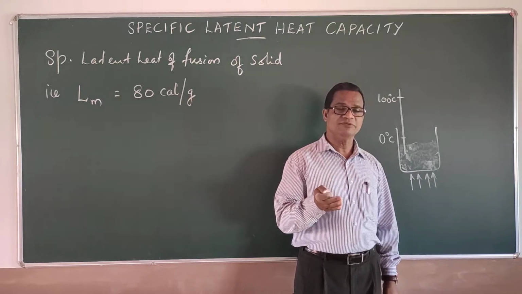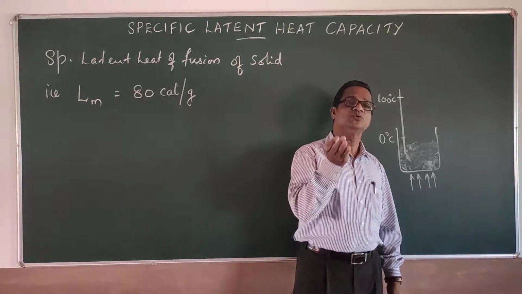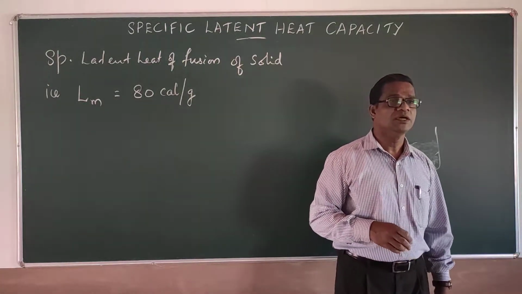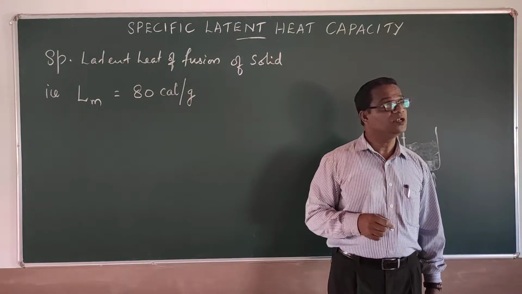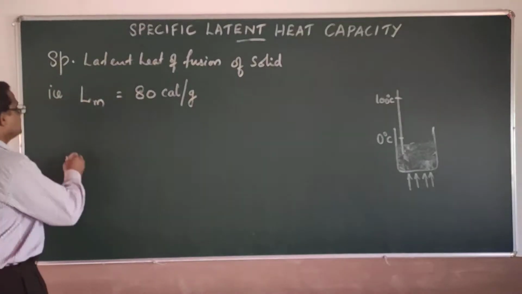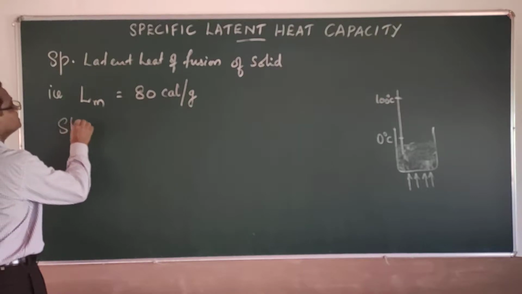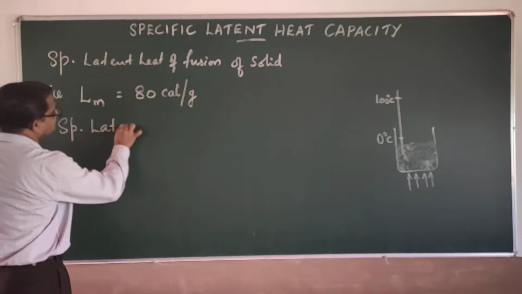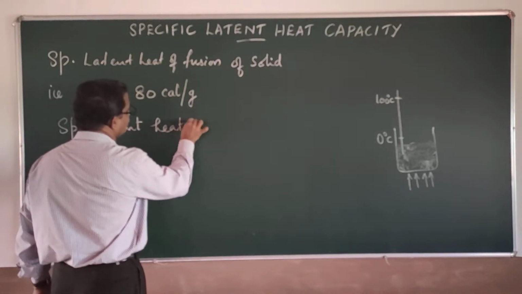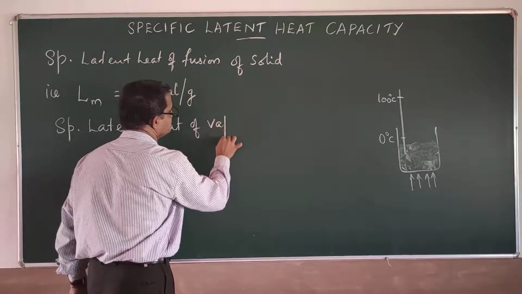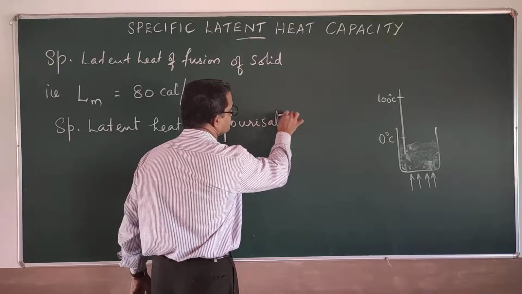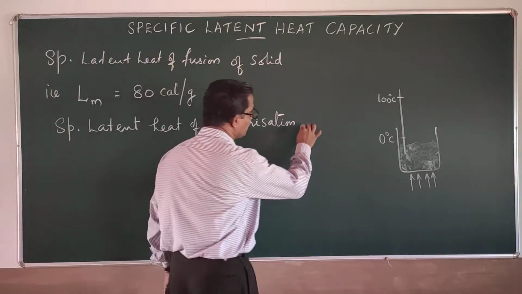So conversion of liquid into its vapor state also takes place at constant temperature, and it is known as an isothermal process. At that state change, we can define a quantity called specific latent heat of vaporization of the liquid.